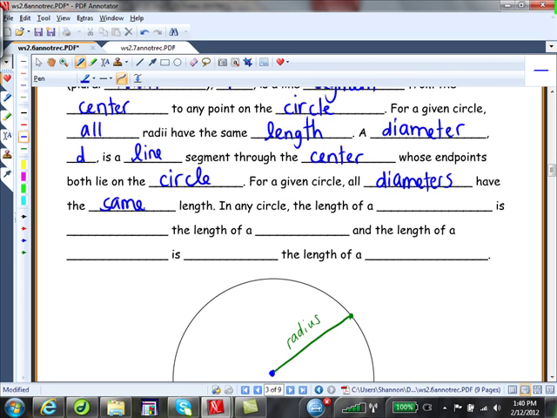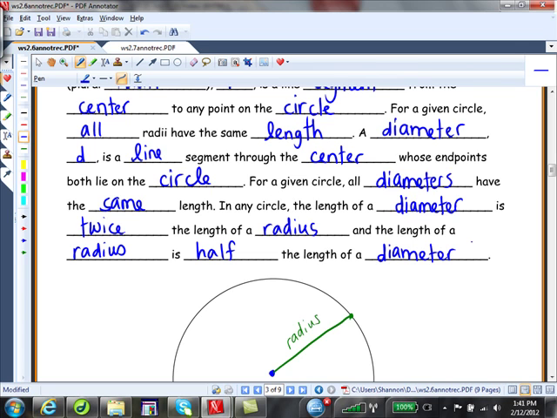In any circle, the length of a diameter is twice the length of a circle, and the length, oh, I apologize, I'm making up my own math here. Don't forget to stop me when I do that. Twice the length of a radius, and the length of a radius is half the length of a diameter.